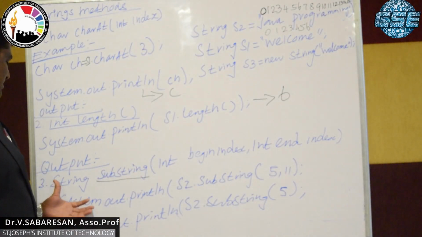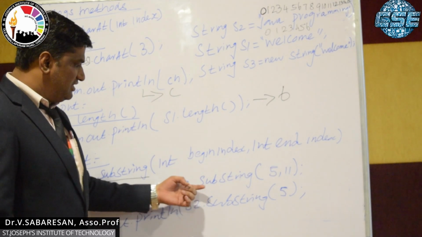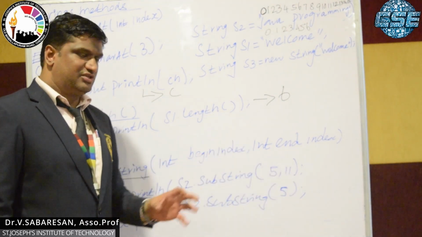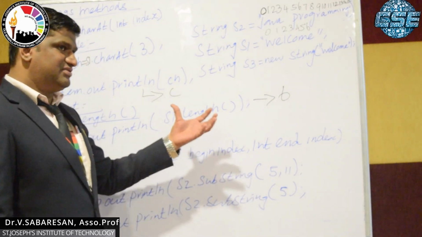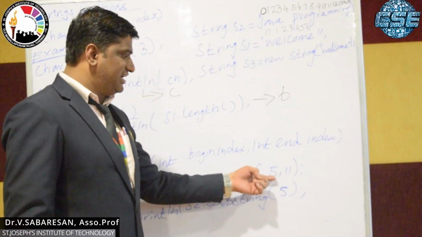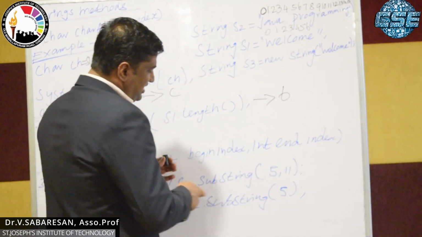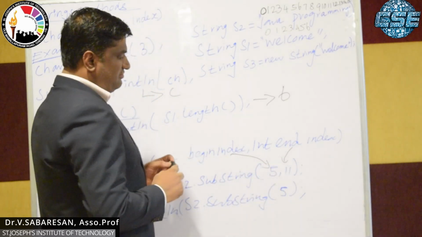The first one: System.out.println(s2.substring(5, 11)). It is going to return a subset of the string between index 5 and 11. The starting index is 5 and the ending index is 11.